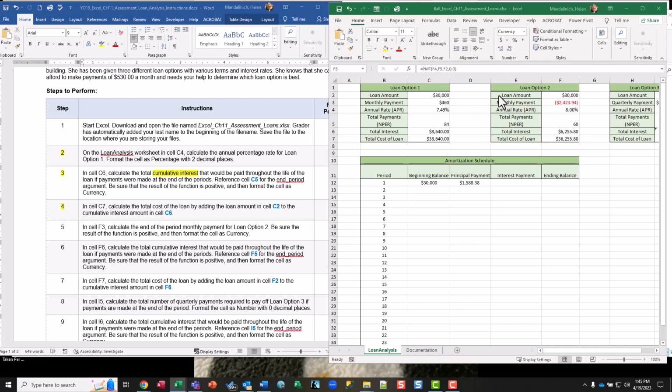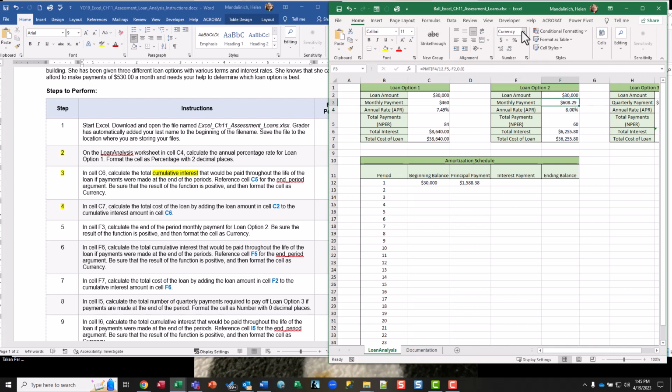We're making monthly payments, but the interest rate is an annual amount. So we know we're going to have to do some division of that interest rate, right? If you look at yours, you just are saying F4, but you need to divide that by 12. Then F5 is good, and then the F2, you just need it to be negative F2. There you go.